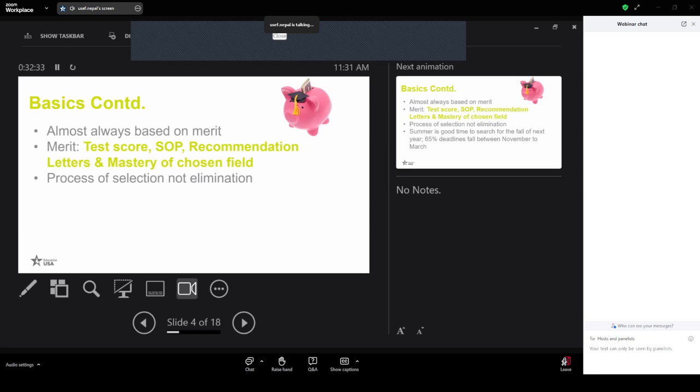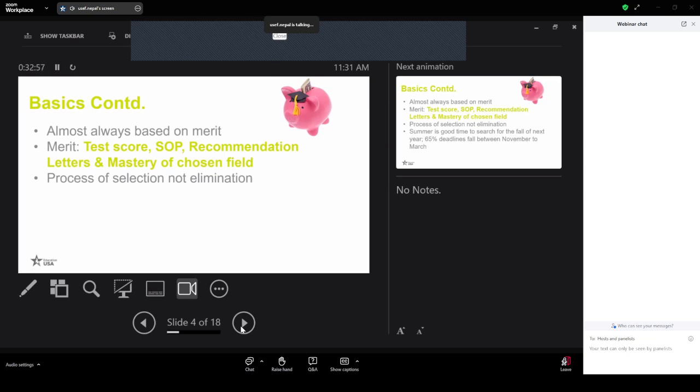But you can work harder on the standardized test and get a better score. You can work harder on your SOP and really make it a strong SOP, right? So concentrate and do well in the things that can really make a difference, and submit your applications. Okay.